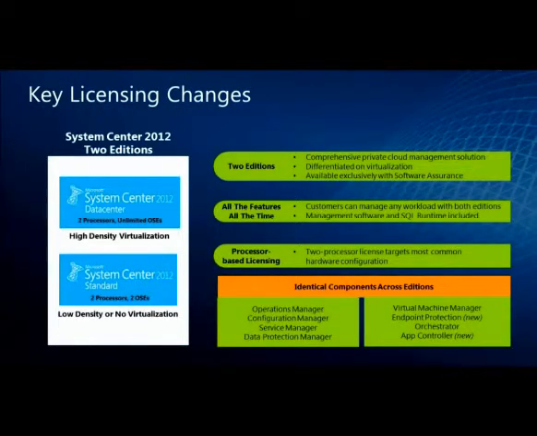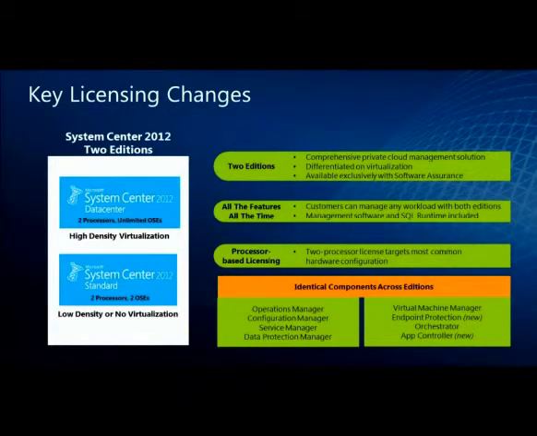So basically, we've simplified the product and integrated it into one single product called System Center 2012, and we are also simplifying how you buy it. So we are just coming up with 2 SKUs. The first one is called System Center 2012 Datacenter, and the second one is called System Center 2012 Standard. Both these SKUs will have all the components that we spoke about earlier.